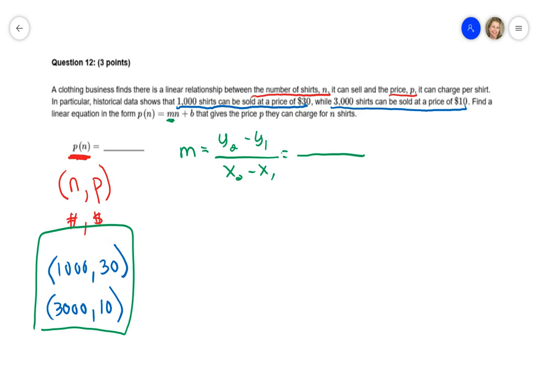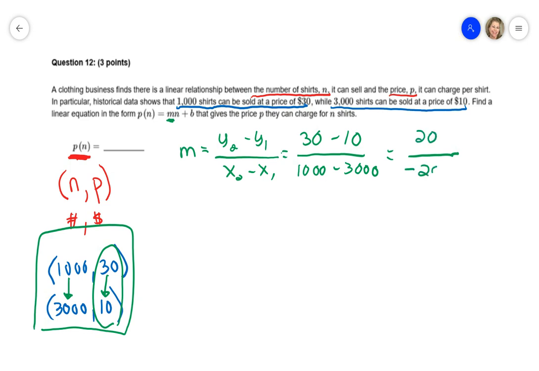So my Y coordinates are 30 and 10. So I'm going to have 30 minus 10. And since I took 30 minus 10, I have to make sure I subtract the X coordinates the same way, which would be 1,000 minus 3,000. All right, now 30 minus 10 is 20, and 1,000 minus 3,000 is negative 2,000.